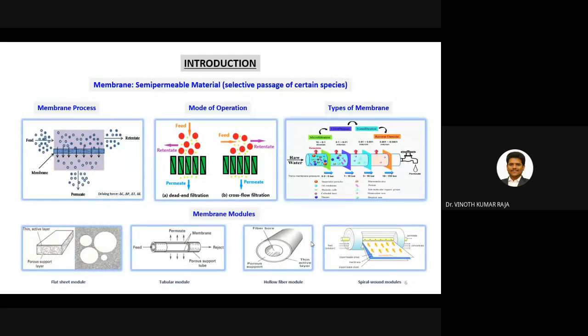The other side is enveloped with two mesh-like spacers positioned as feed path spacers. Finally, the entire assembly is rolled around the perforated center tube in a spiral configuration.